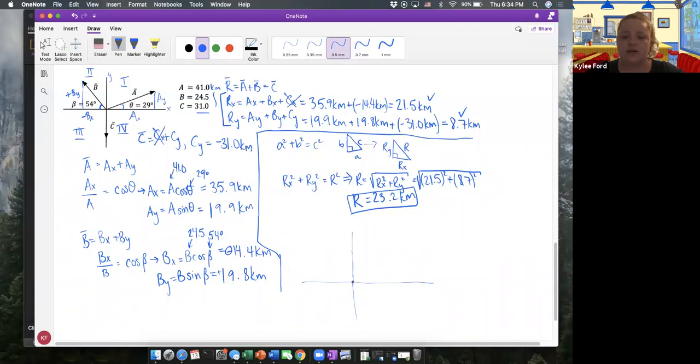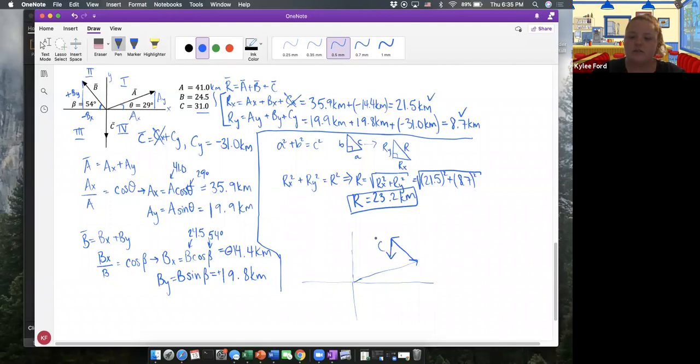Okay, so I have my A at about 29 degrees. Then I'm adding my B. Okay, so again, tip to tail method. I'm going to say about right about here. There's my B, okay? And then my C goes straight down, so that one's a little easier to draw.